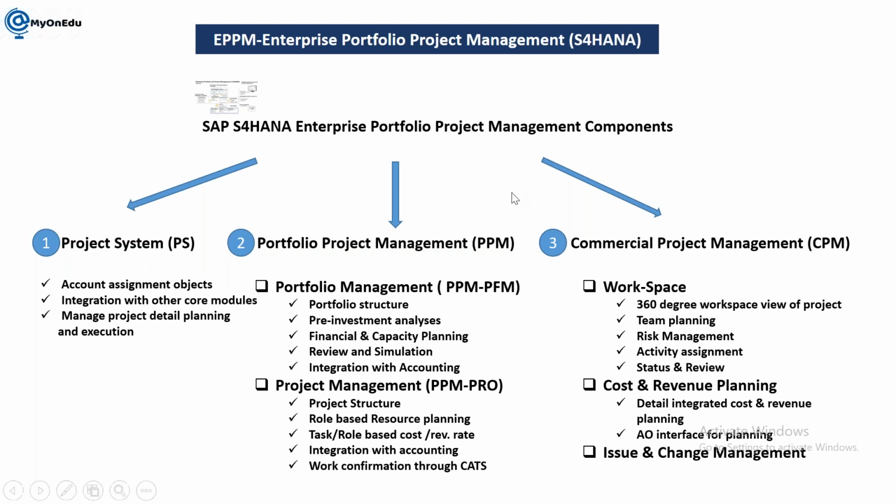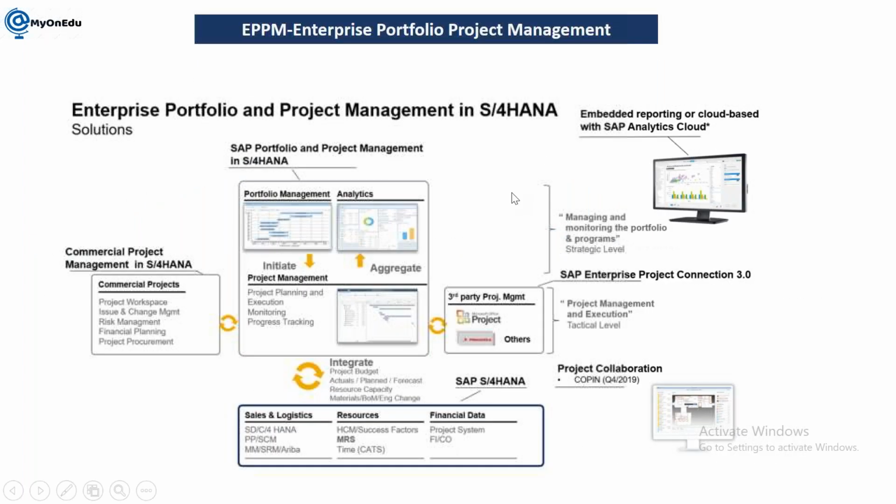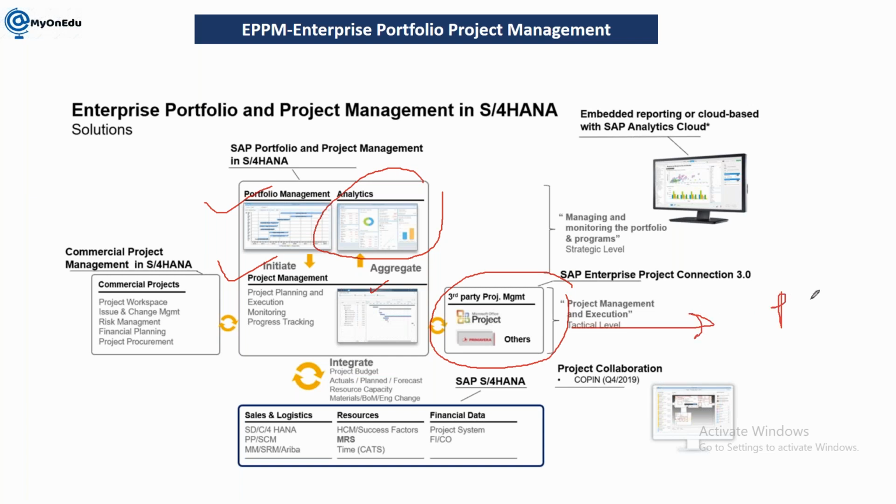Okay, so I'm going to the next now. This is the EPPM box where we have portfolio and project management. You can see here portfolio management, project management, analytics. These are the BI analytics, and standard reports are available. Aggregated and non-aggregated reports are there. You can integrate with EPC, and through EPC with Primavera P6 or MSP.